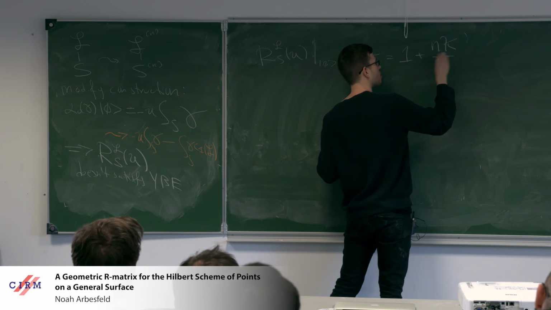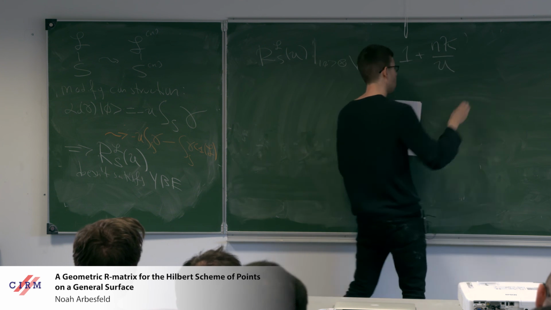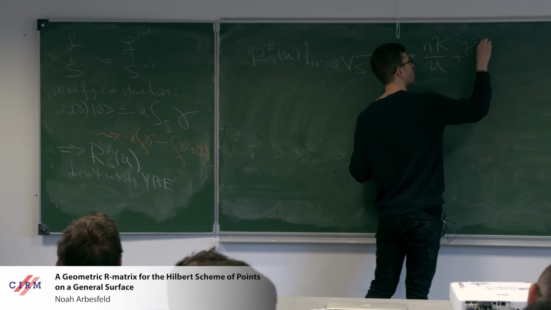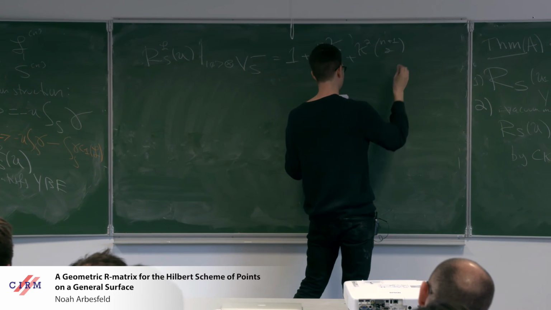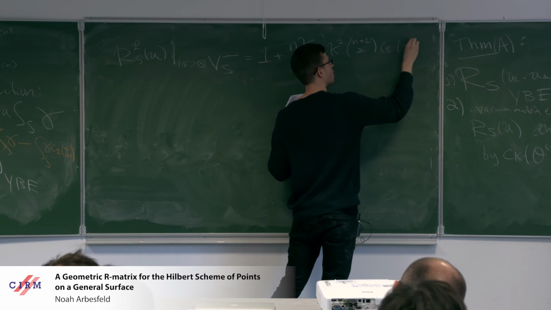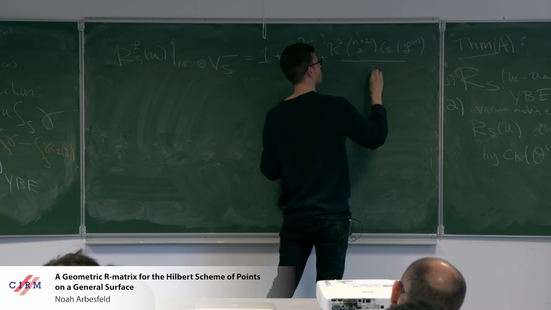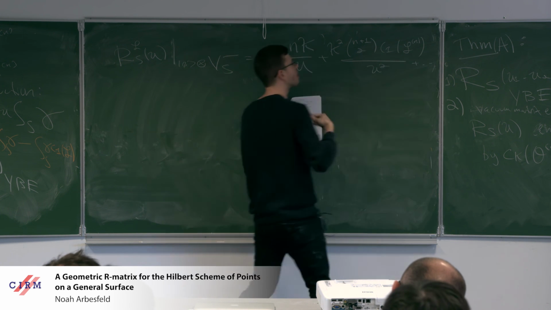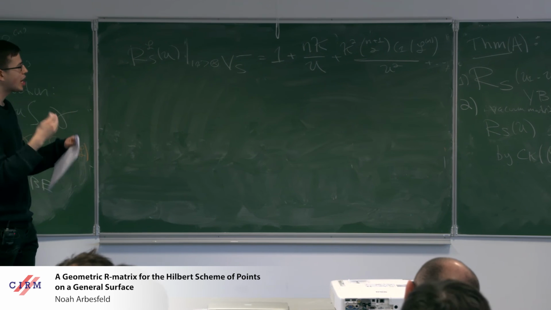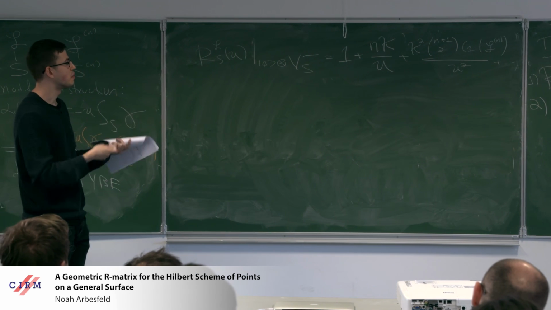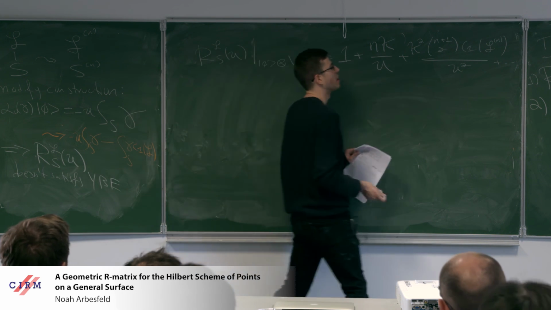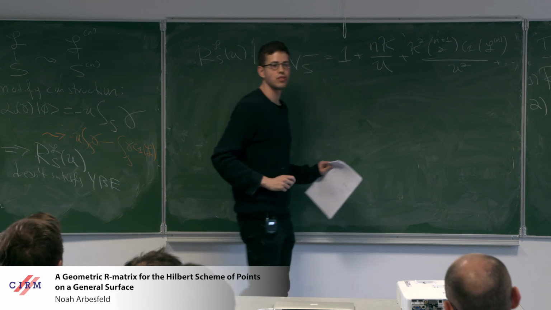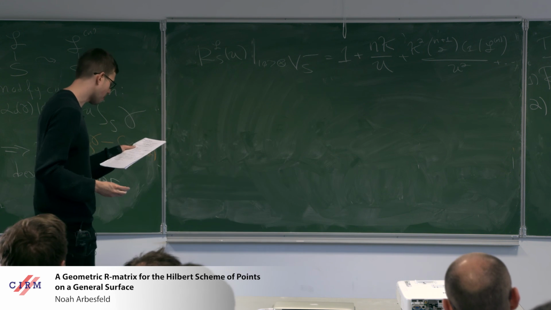But this h bar gets replaced by kappa, and so on. So we get the same expansion just with h bar replaced by kappa, which is important if you're working over a K3 surface. You don't want all these terms to vanish. And I have my trivial bundle replaced by L.